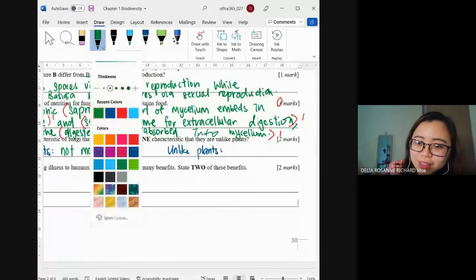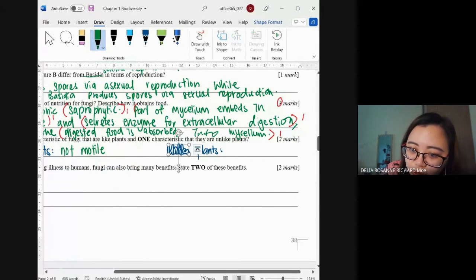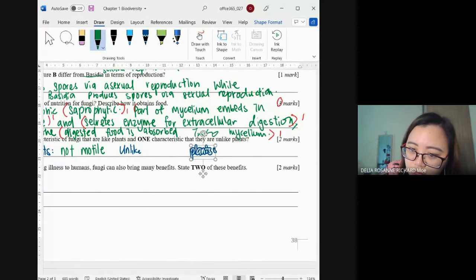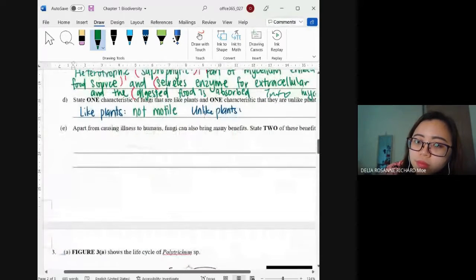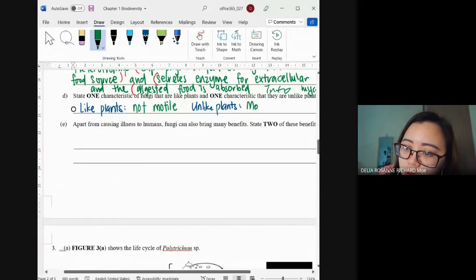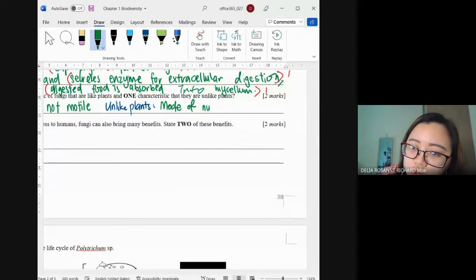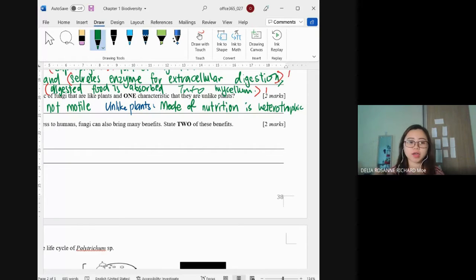You could say the part that is unlike plants, the mode of nutrition is heterotrophic. Boleh juga kamu cakap fungi cannot do photosynthesis.